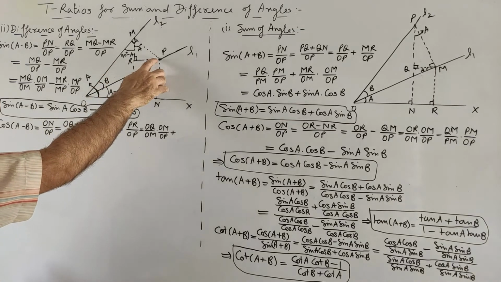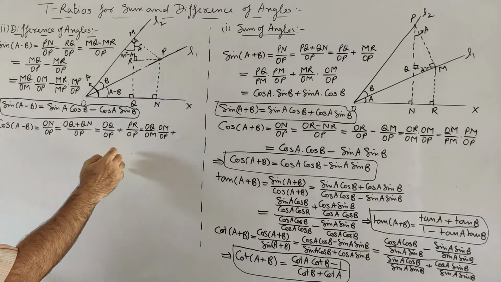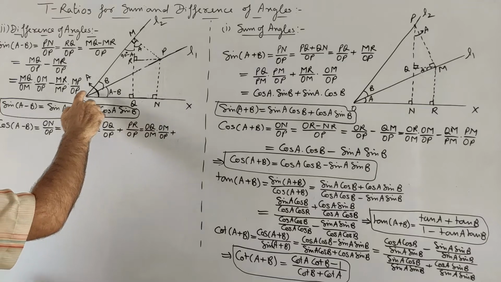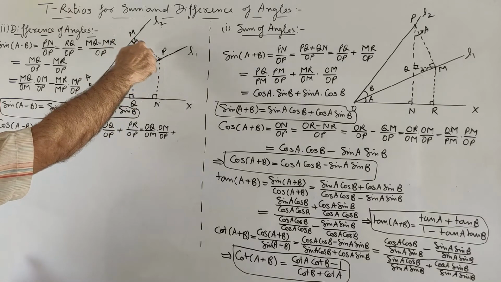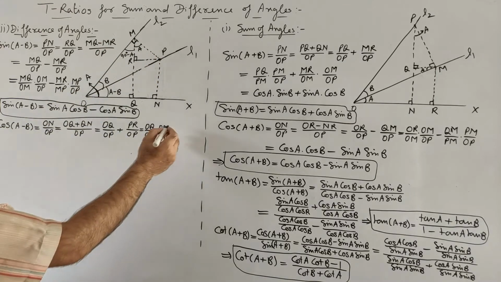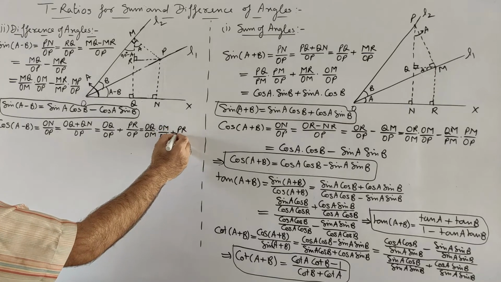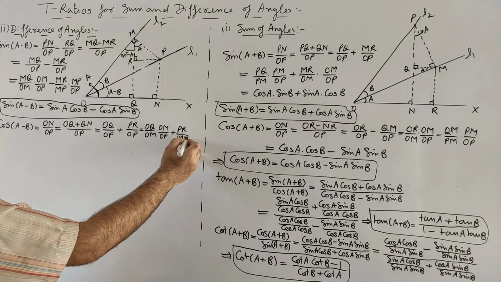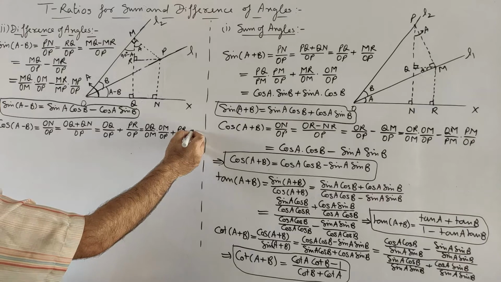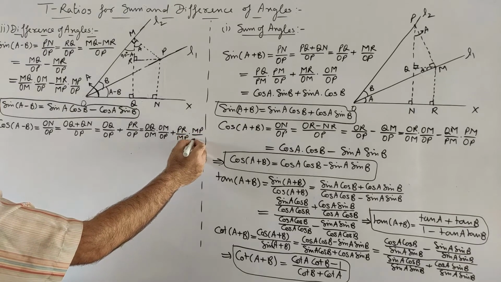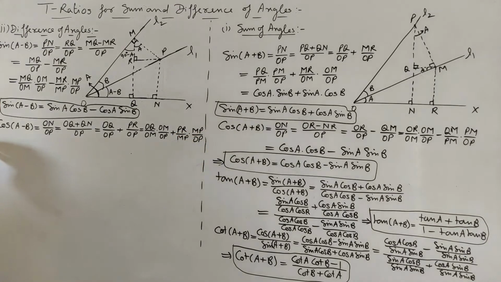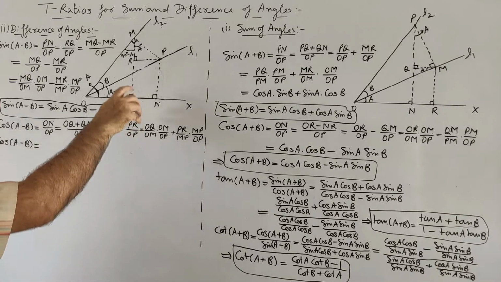PR is from this triangle MRP and OP from triangle OMP, and this time the common side is MP. So PR upon MP into MP upon OP, and this will give you cos A minus B is equal to OQ upon OM.